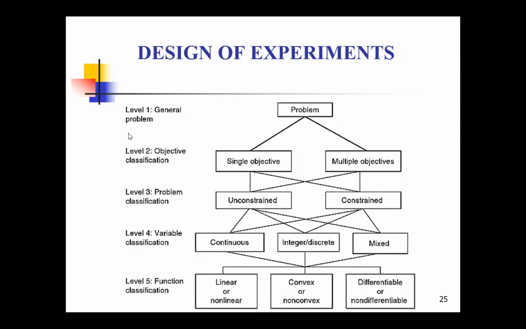So that becomes a discrete value, or a categorical value. In the function classification, it may be linear or non-linear. It may be convex or non-convex, or it may be differentiable or non-differentiable. It all depends upon what type of problem we are going to study.